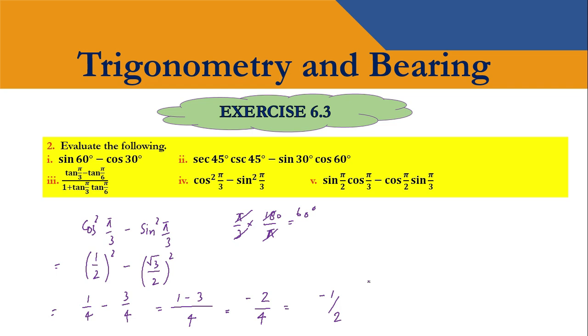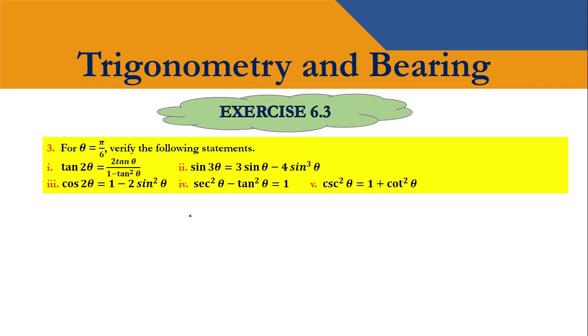So this is the value of our expression. Now you can solve part number 2 and part number 5 as I showed you the solution of parts number 1, 3 and 4.